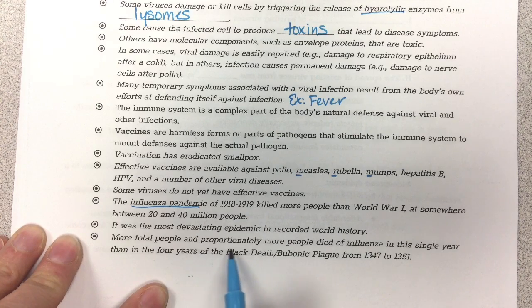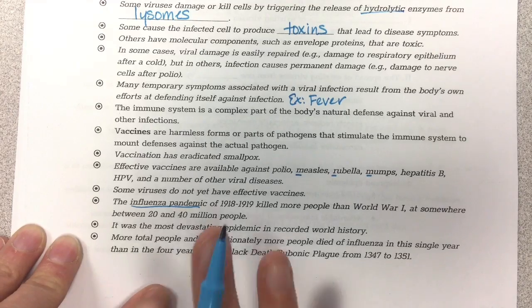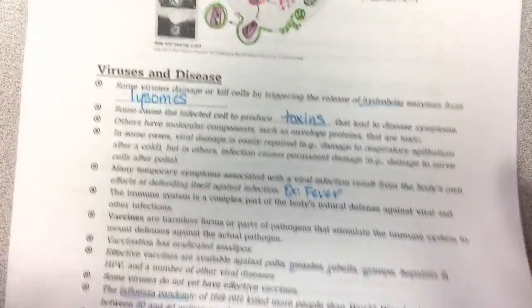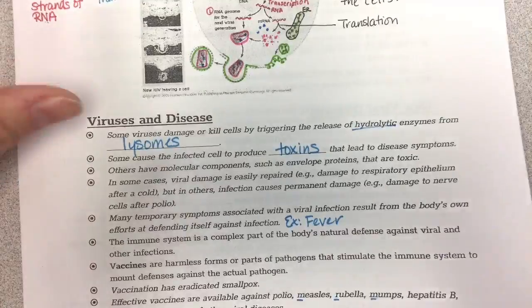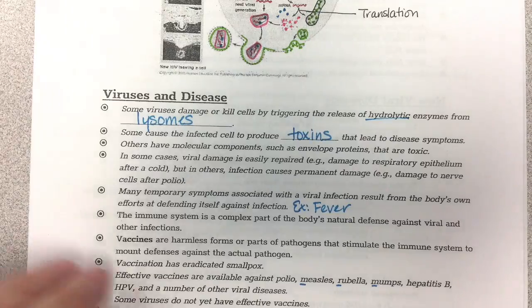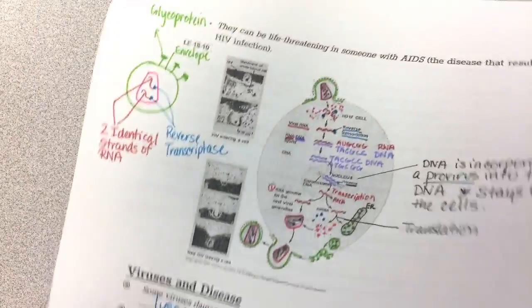More total people, and proportionately more people, died of influenza in that single year than in the 4 years of the Black Death, or bubonic plague, in the 1300s. So it was a big deal, and we don't see those pandemics anymore because people have worked on getting vaccines for viruses and bacteria that are particularly harmful or affect a lot of people in the population.